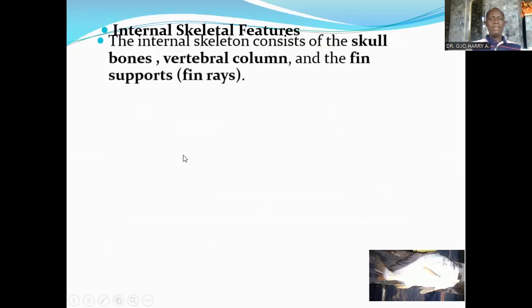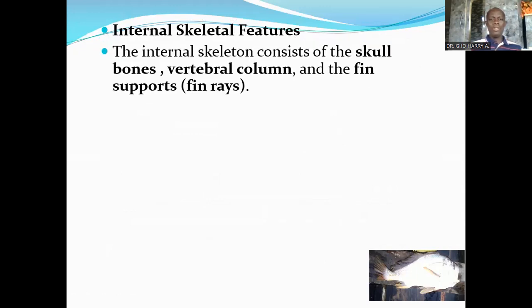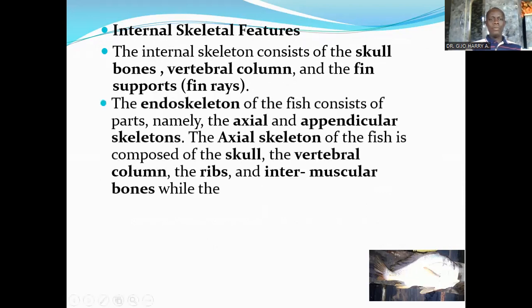The internal skeleton of the Pisces consists of the skull bones, the vertebral column, and the fin supports or the fin rays, the ones at the bottom that are inside and support the external fin rays.